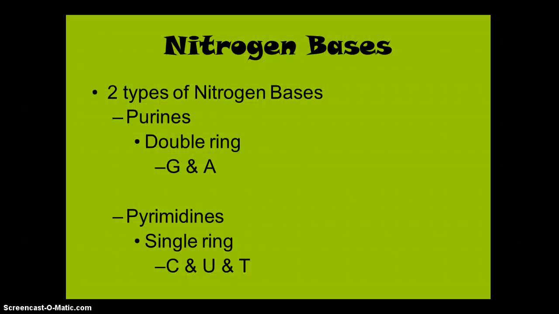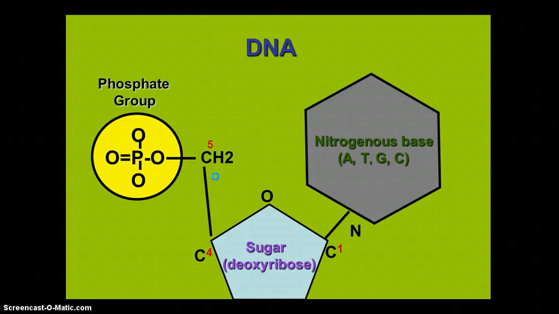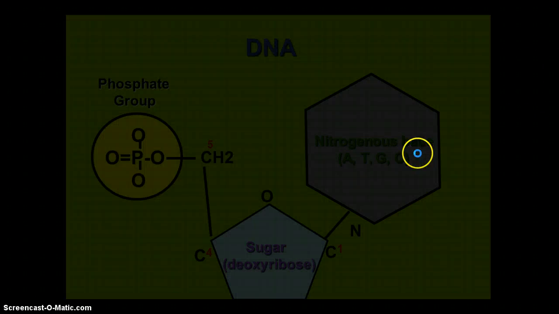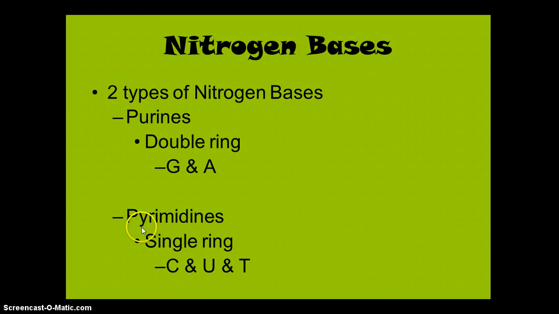There are 2 types of nitrogen bases. We have the double ring, which is guanine and adenine. Those are purines. And if you look at this, you're seeing a single ring. So there would be another ring out here, and that would be a double ring. And then we have the single ring, which are the pyrimidines, and that's cytosine, uracil, and thymine.